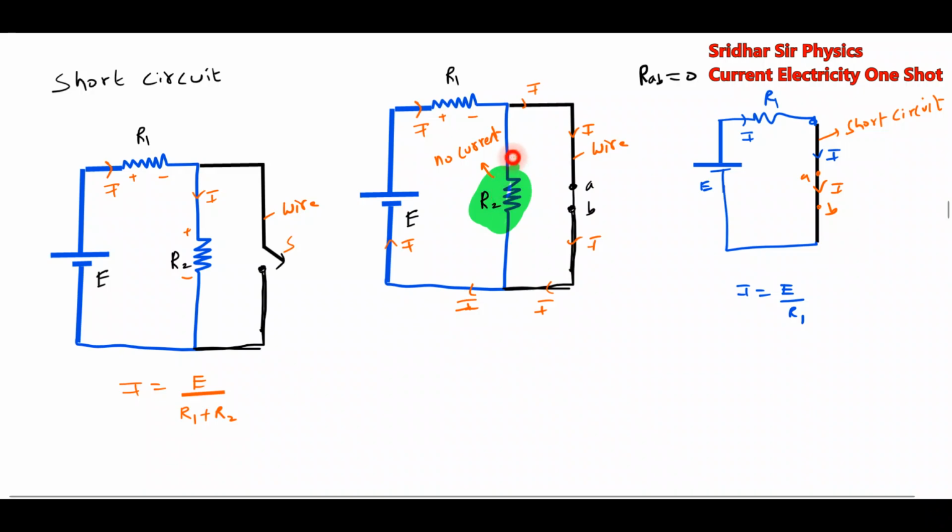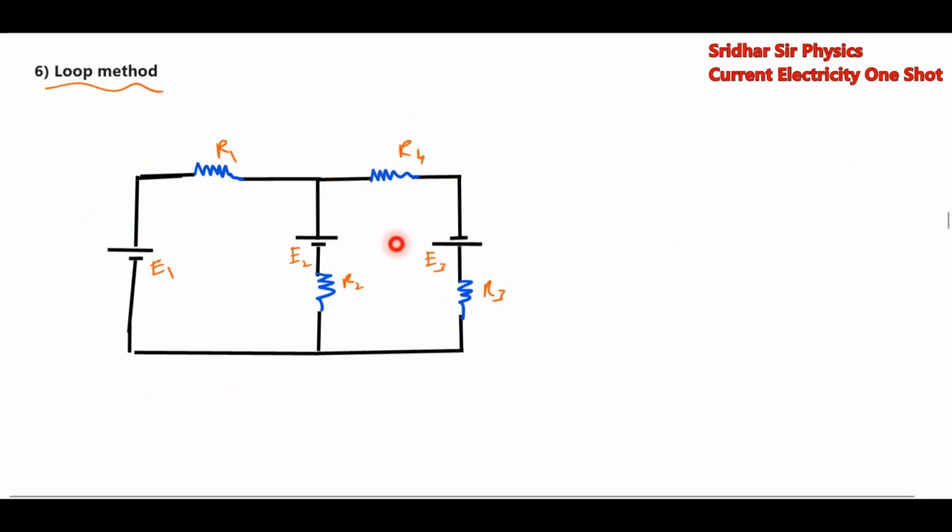That is a basic condition. Now we have more than one loop, so how do we manage? We'll assume loop currents. Let the loop current here be I1. Any direction, you can choose clockwise or anti-clockwise. So the current here will enter positive, negative, positive, negative.